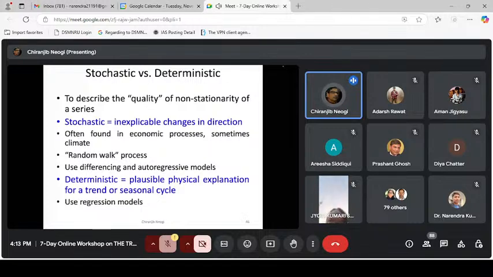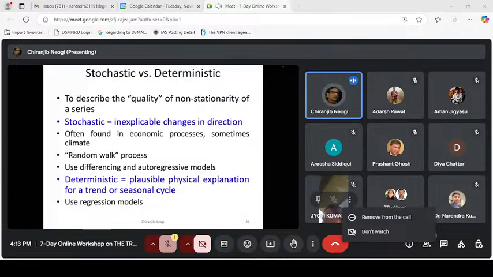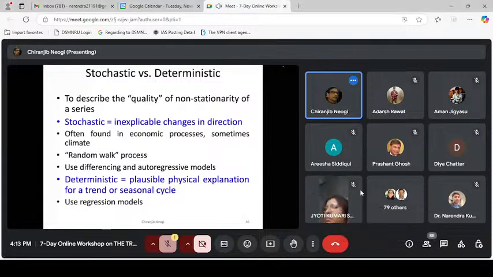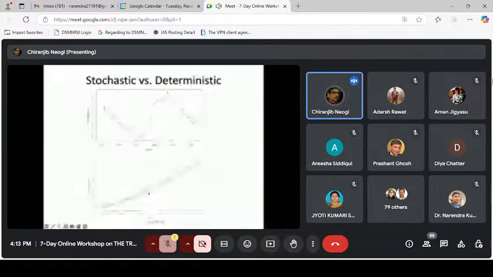Now, this is the stochastic and this is the deterministic trend. There are some fluctuations, but this is deterministic because there is a change by a particular value.